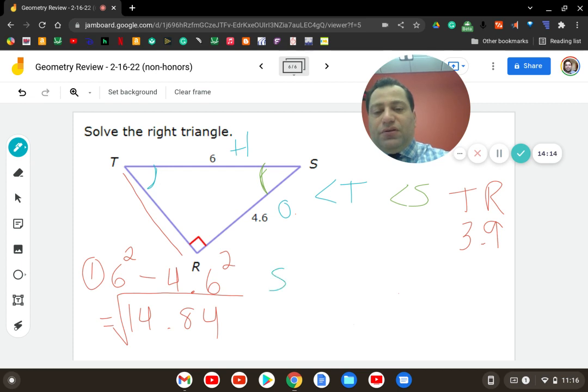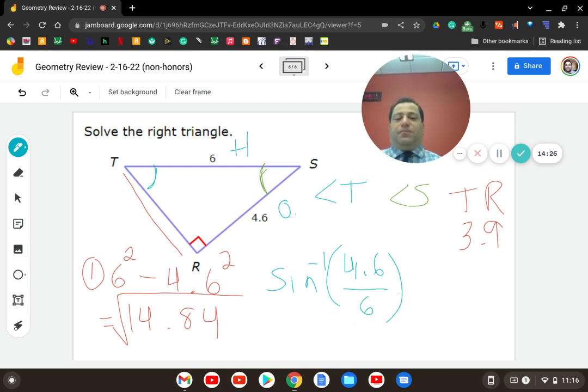So inverse sine of 4.6 over 6. When I plug that into the calculator, I get 50.1.